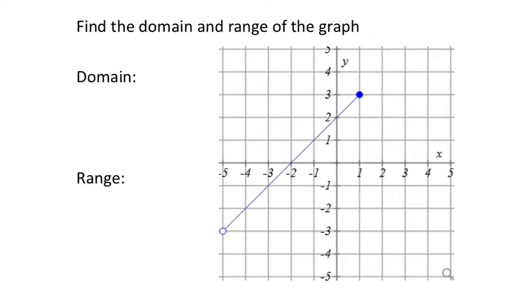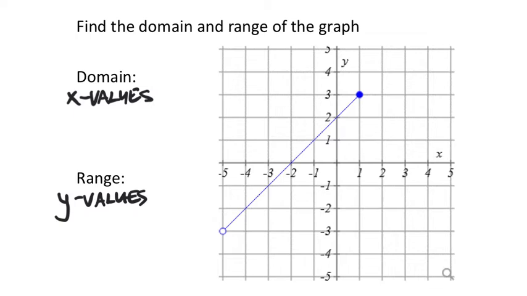We already hit this, and hopefully you remember, because we just saw it a couple slides ago. Domain is the x values. And the range is the y values. So for the domain, don't worry about the shape of the line necessarily.